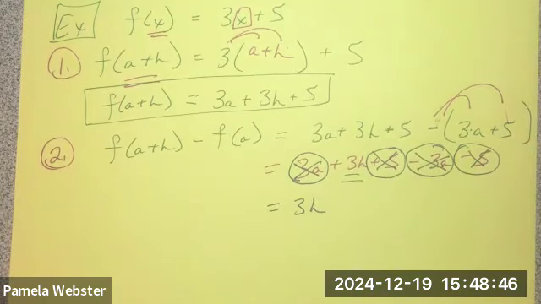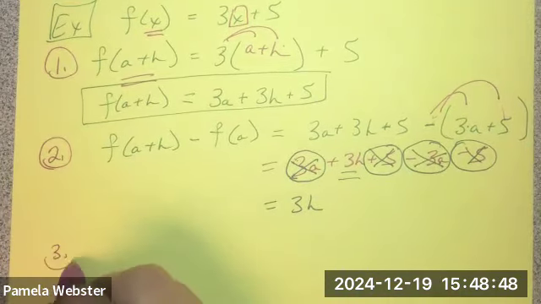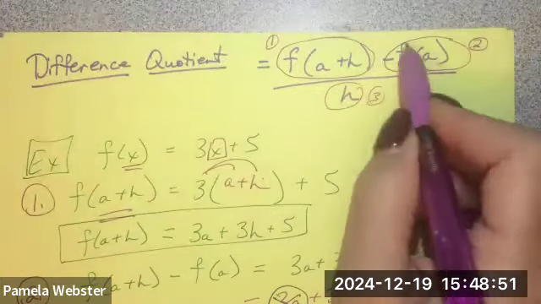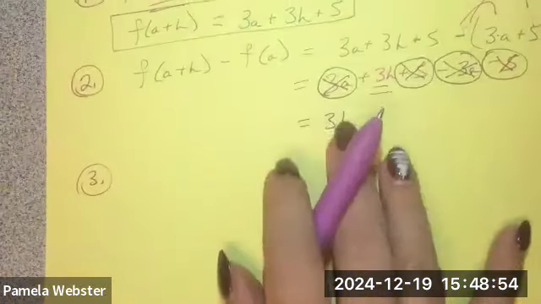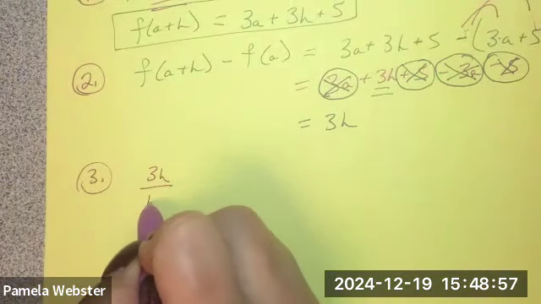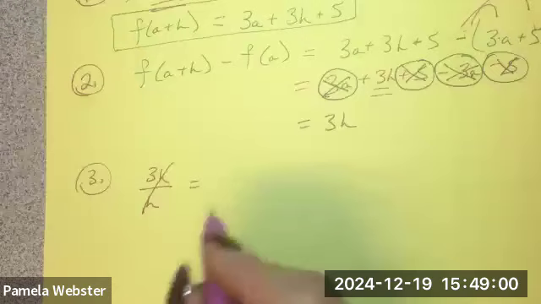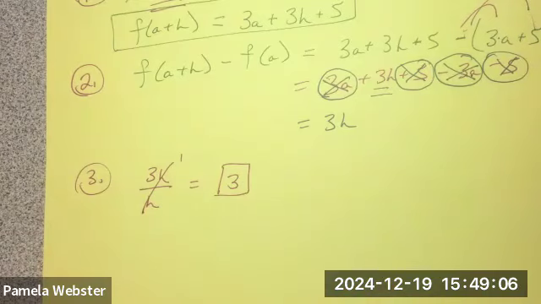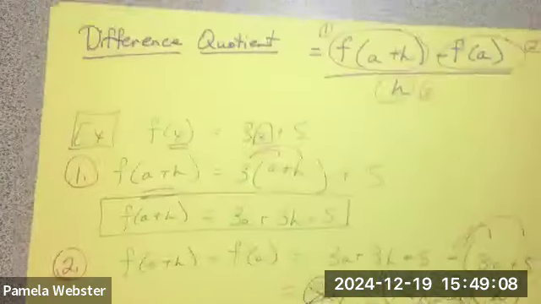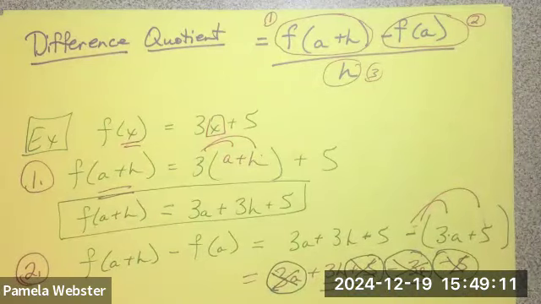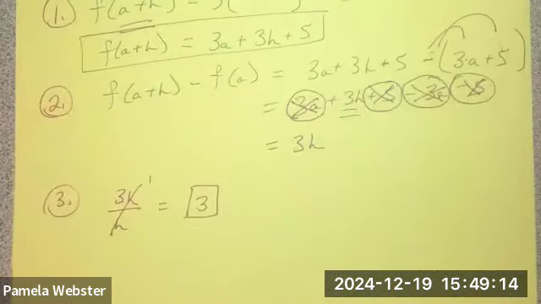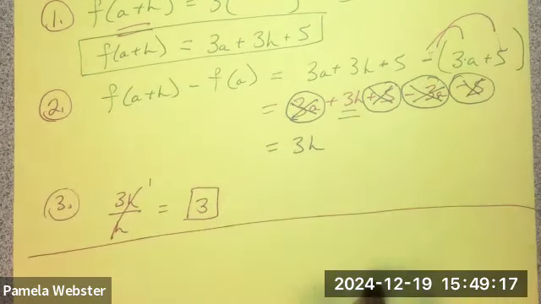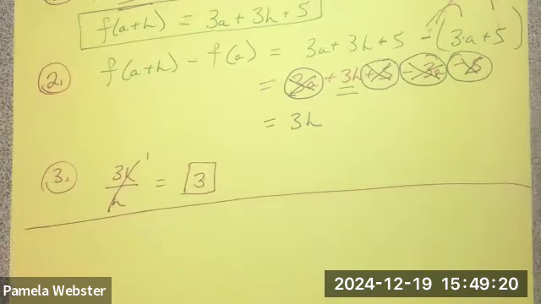And then the last step, step 3, it just says take whatever you got up above and divide by h. So what I got up above was just 3h. Divide by h. The h's will go away. That's just a 1, right? And 3 times 1 is 3. Okay, so I did a lot of math in here. I did a lot of work, the f of a plus h, the minus f of a, all divided by h. And I end up with a relatively simple answer. It's not crazy and in depth like it started out with. Okay, so FYI, there we go.